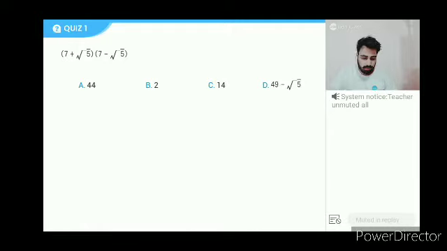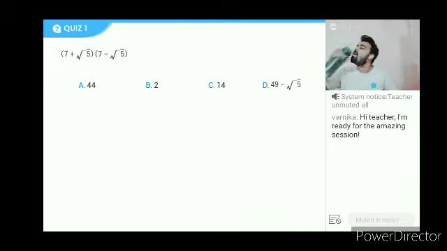Start. Okay. In rationalization, the multiplication is the most important part. You should know how to multiply.